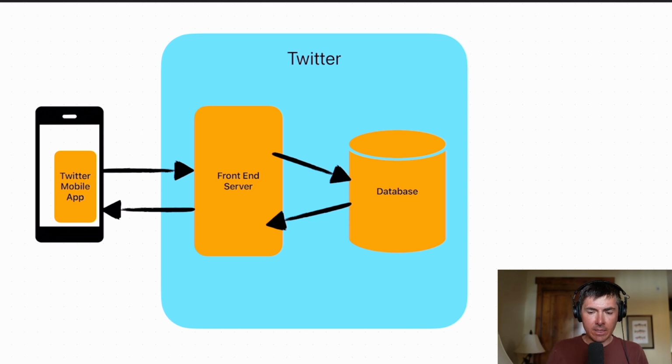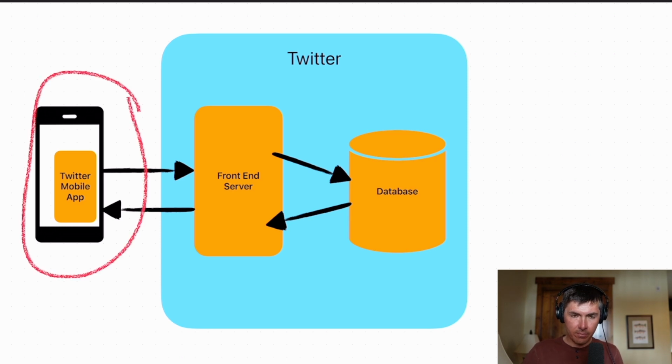First, I want to explain the architecture of Twitter at a very high level because it will help us see the differences. So in Twitter, you're probably familiar with using Twitter from the mobile app. So you have a mobile phone, you have an app on your phone, and you downloaded that app from the App Store, logged in, and when you log in, you can then see all the stuff that you'd expect to see.